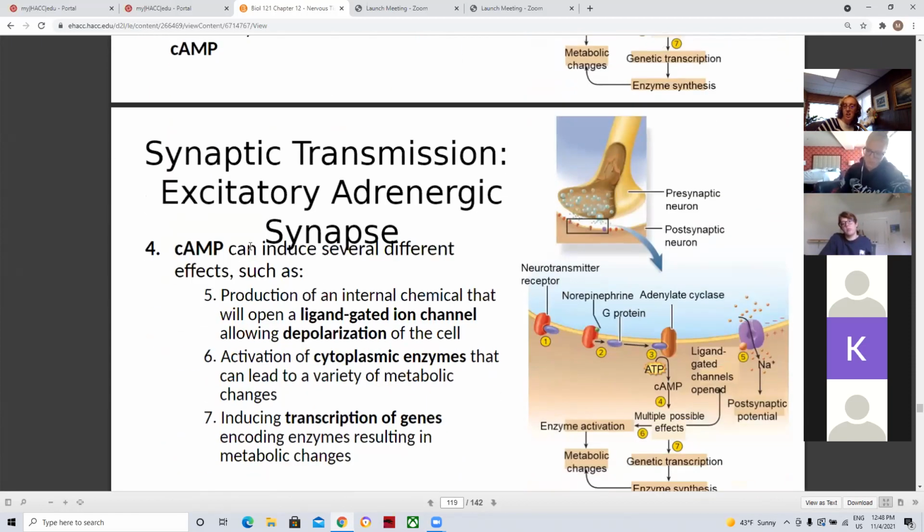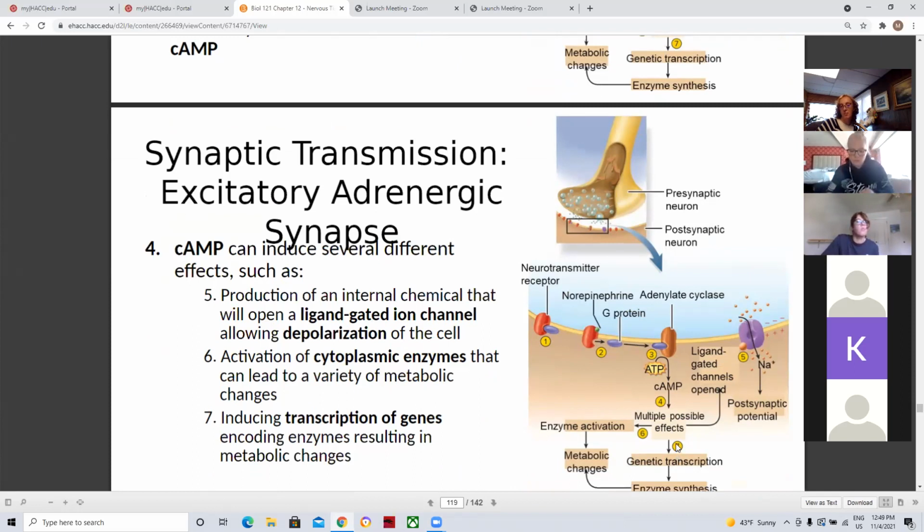Cyclic AMP will then induce several different effects, such as opening internal ligand-gated channels, activating multiple cytoplasmic enzymes, and inducing the transcription of genes that encode enzymes that can result in other metabolic changes.